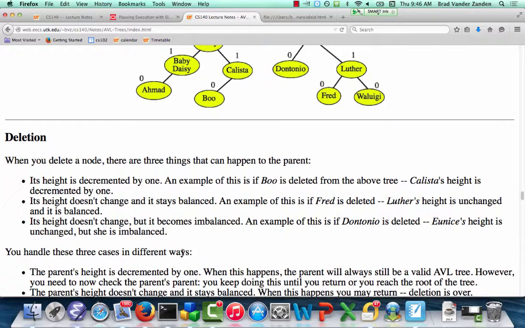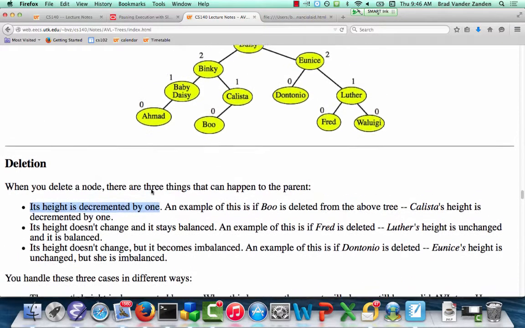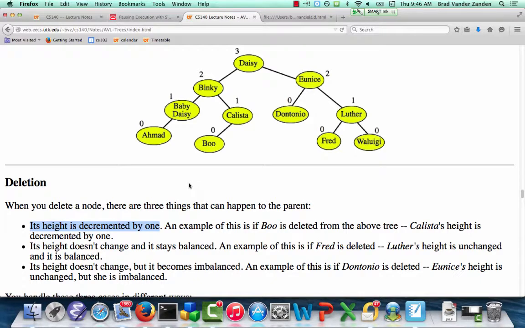So first of all, it may be that the height of the parent gets decremented by 1, and that happens if you were the only child of the parent. So case 1, its height is decremented by 1. It occurs when you are the only child. So right here, if I were to delete Boo, that would decrement Callista's height by 1.